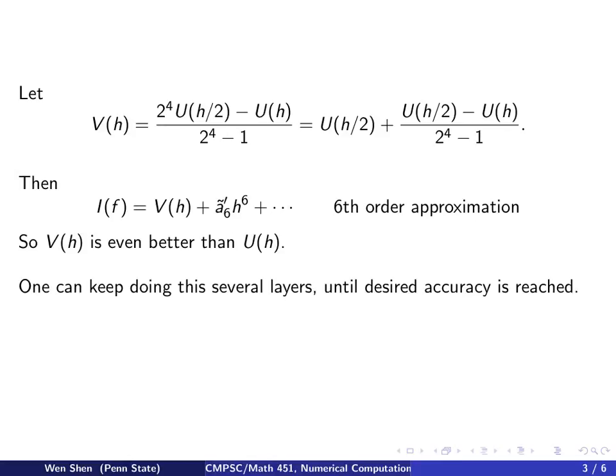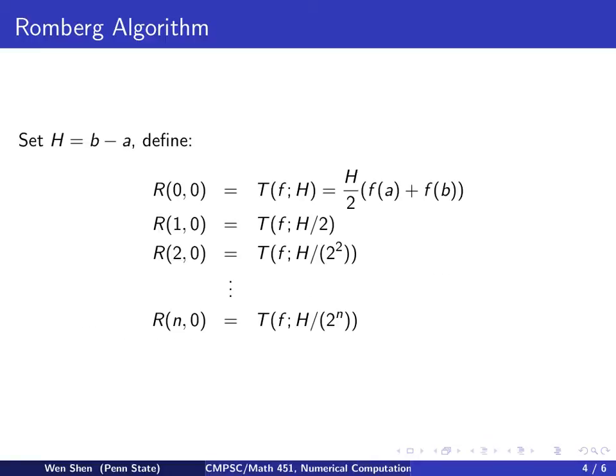As we can imagine, one can keep doing this several layers, using 2 of the previous values to produce 1 for the next layer of values, and keep doing it until you run out of data or your desired accuracy is reached. And this gives the Romberg algorithm. Let's look at the detail of the algorithm.